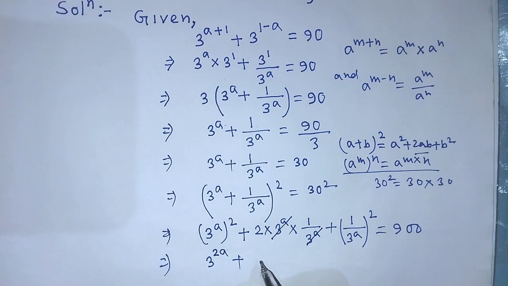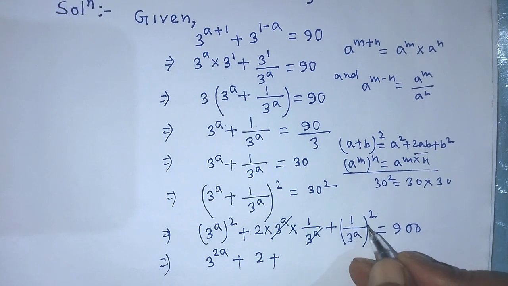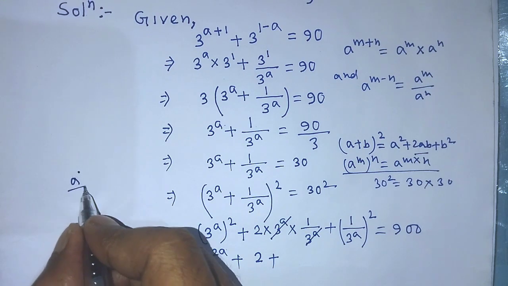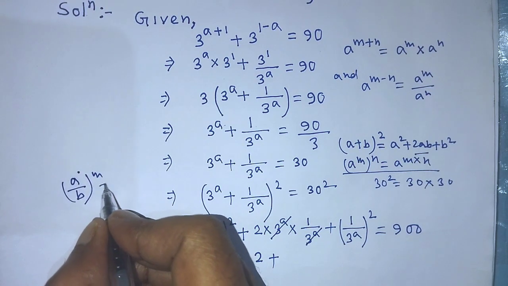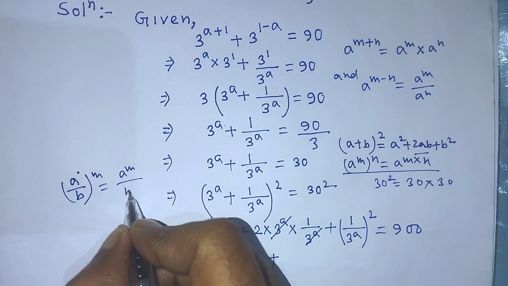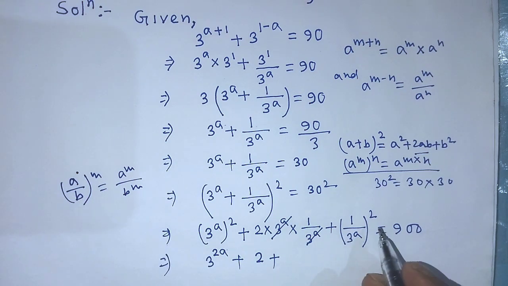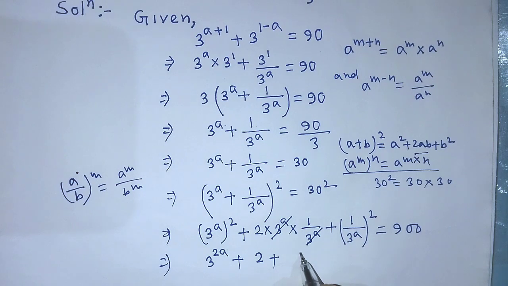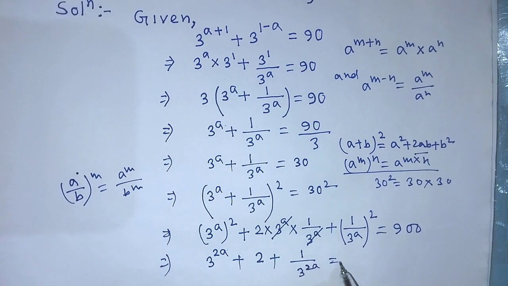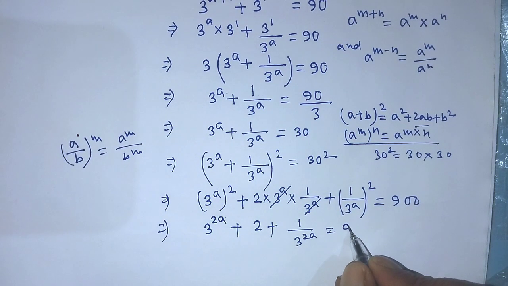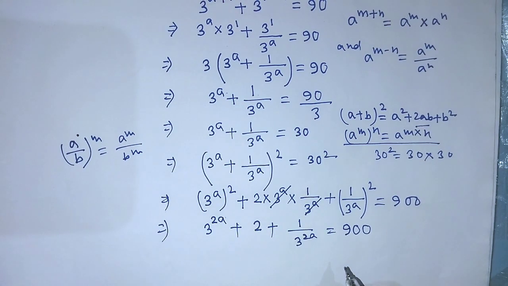So we can write in the place of the second term 2, plus, to simplify the third term, we have to apply the formula (a over b) whole to the power m is equal to a to the power m over b to the power m. So after applying this formula in the third term, we can write 1 square, that is 1, over, in the place of denominator we have to write 3 to the power 2a, is equal to, again we have to write 900 on the right hand side of this equation.